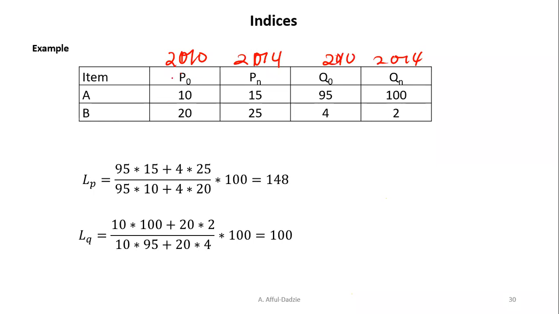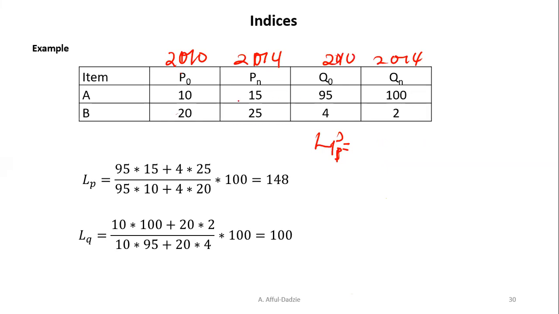So the prices as at 2010 for products A and B are 10 and 20. And then at 2014, these are the new prices, and these are the quantities. If you have to find the Laspeyres price index, for this case, you must use the base quantity as the weight.